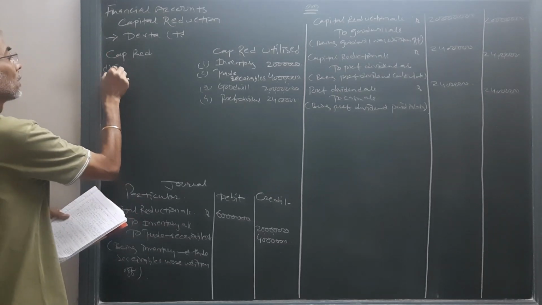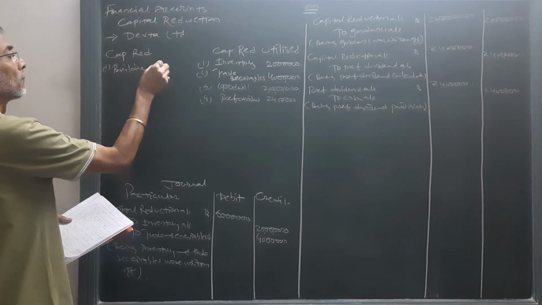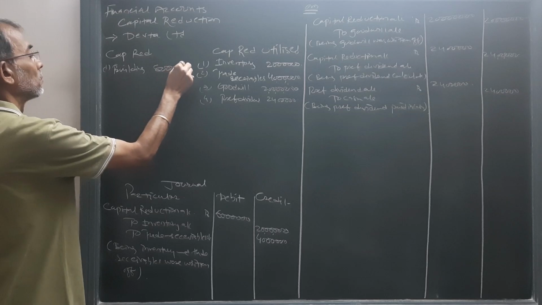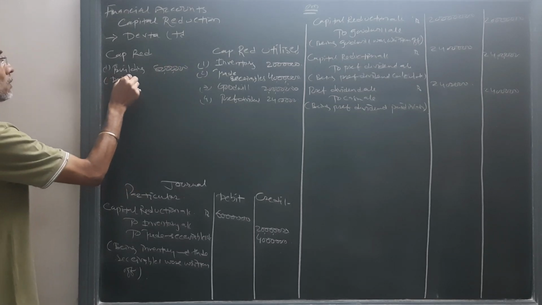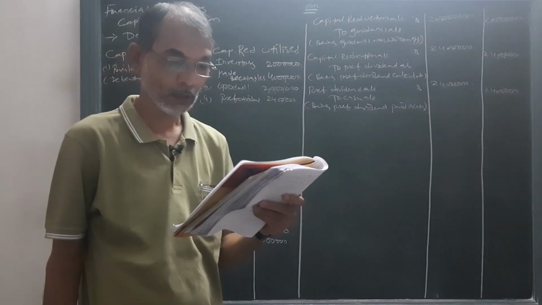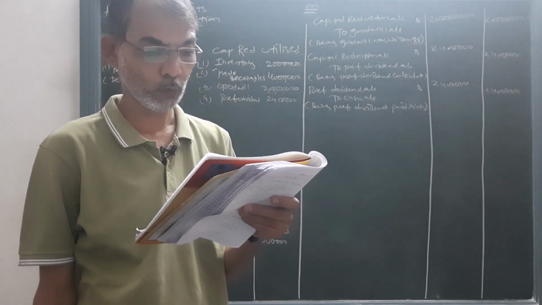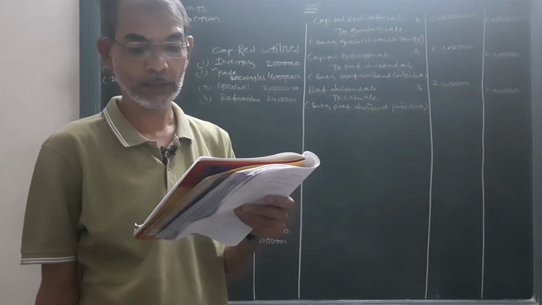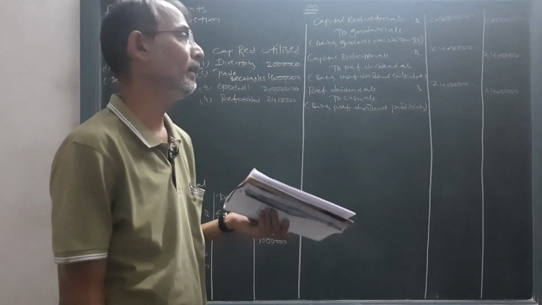Land building. To debentures as part payment, and further they will provide 2 crore cash on floating charges deducting interest due. They will deduct interest.